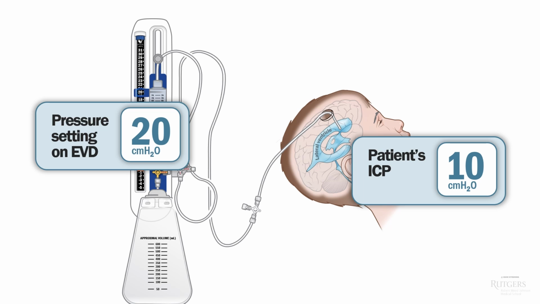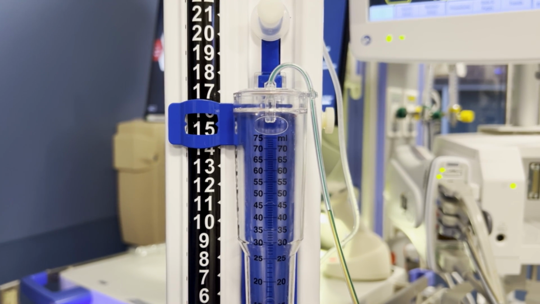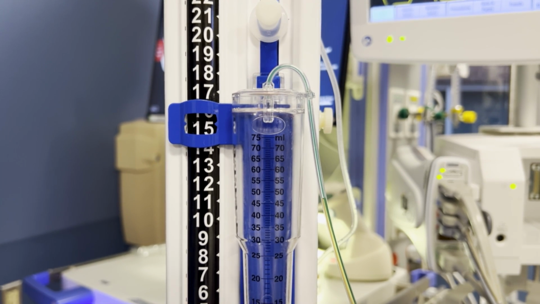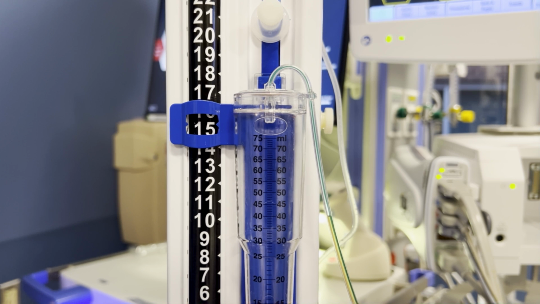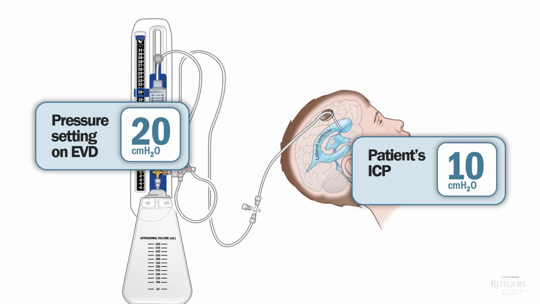If the patient's intracranial pressure is lower than the pressure set on the EVD, CSF will not flow. Look at the pulsating level of the fluid in the tube. Of course, these numbers are just an approximation to illustrate a point. ICP can transiently increase if a patient coughs, for example, so some CSF can get into the collecting system.